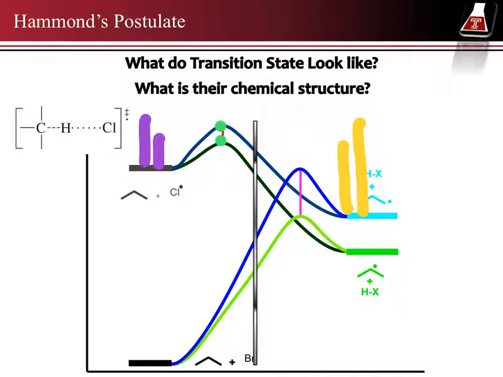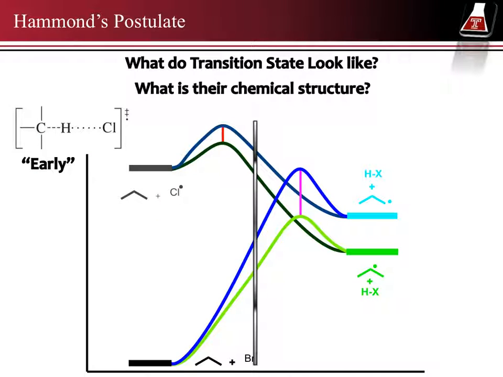So Hammond's postulate states that because these transition states are closer in energy to the starting material, with hydrogen attached to carbon, the transition state is going to look more reminiscent of that. This is why the hydrogen is drawn closer to carbon than to chlorine. We still have our double cross for transition state, and it's still a radical.